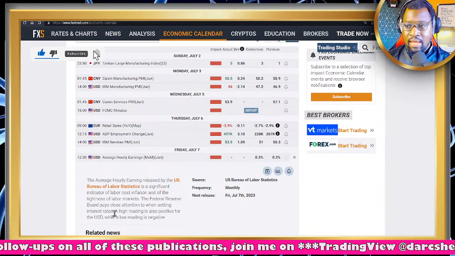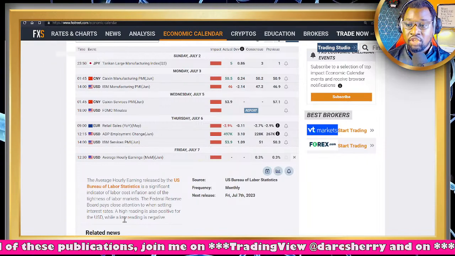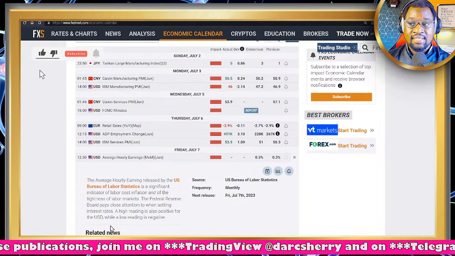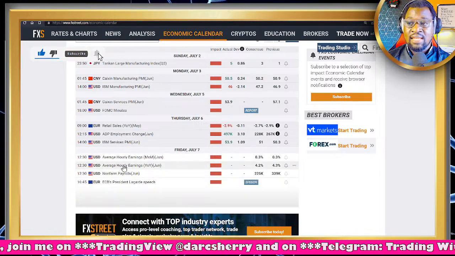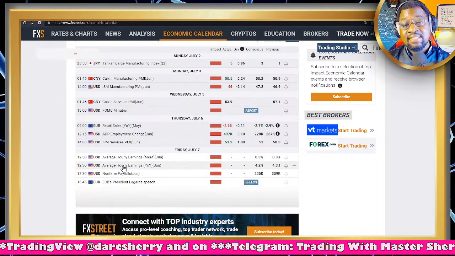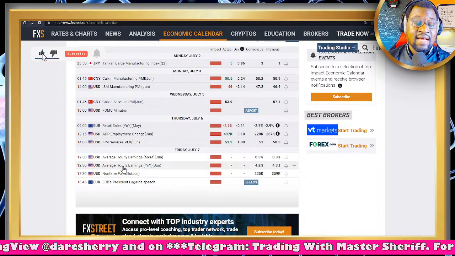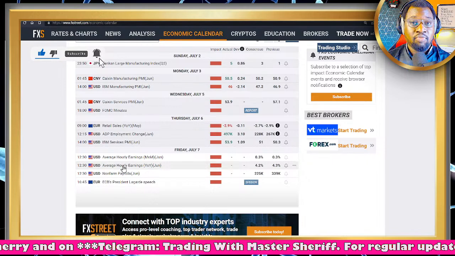A higher reading is positive information for the US dollar, while a low reading is seen as negative for the US dollar. One thing about this index is that it's data that the Fed will always want to look at, as it will decide if there's going to be an interest rate hike or probably maintain the previous rate.